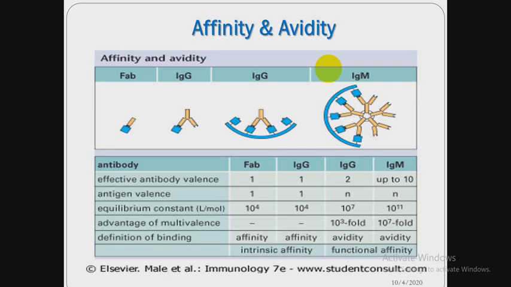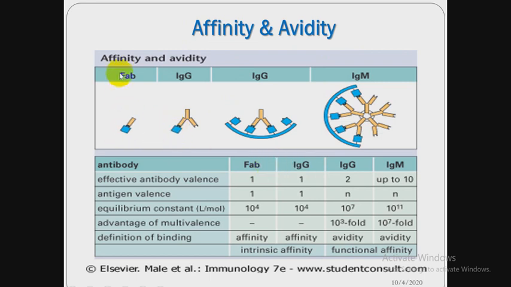Here in this picture, we have 4 columns, and in the first and second column, we have affinity. You see that in the first and in the second column, we have only one epitope.